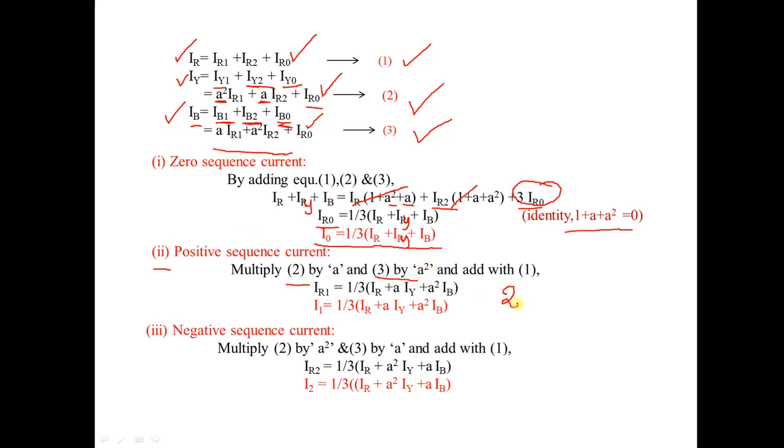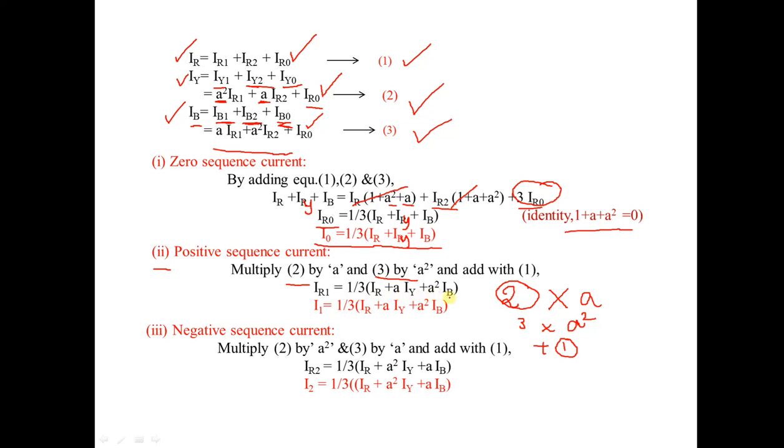After calculating and substituting, we get 1/3 of IR plus A IY plus A square IB.